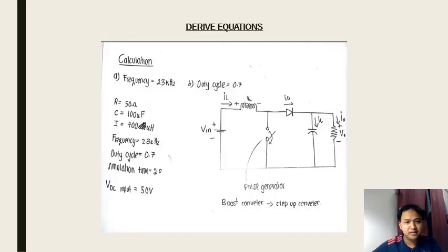Assalamualaikum, my name is Syed Muhammad Syakir. I will present the calculation for this mini project. For the value of frequency, my group chose 23 kilohertz and duty cycle 0.7. This is the list for the circuit.